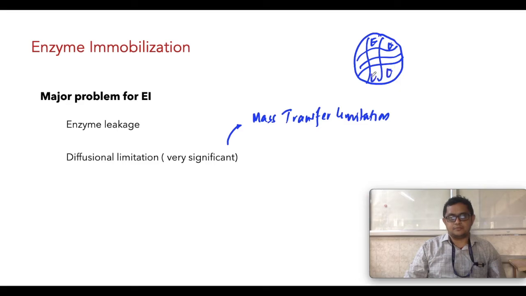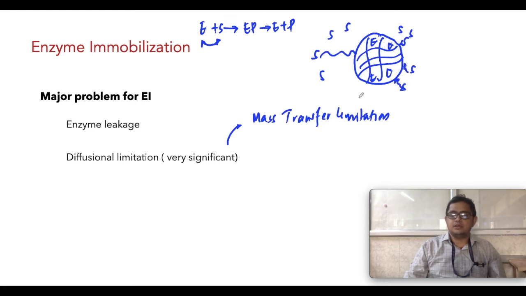If this enzyme wants to convert the substrate into a product, there should be an interaction between substrate and enzyme. Normally the substrate molecule is present outside, in the reaction chamber. So if this substrate wants to access the enzyme, it has to penetrate this material, that is your matrix, in order to go in.